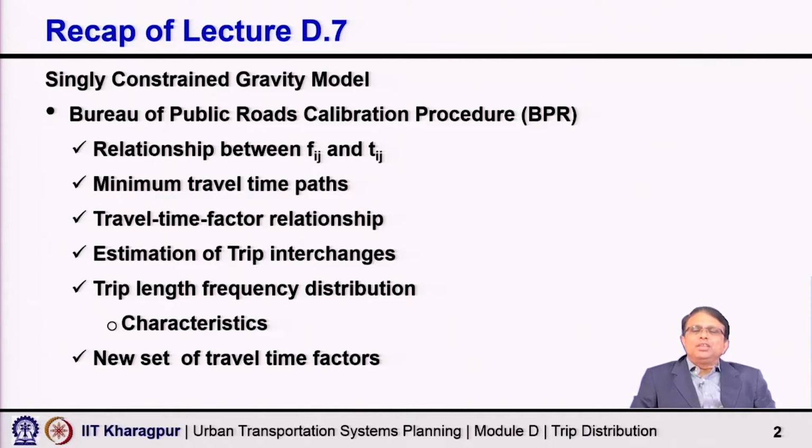And then finally, what did it give us? It gave us the way travel time acts as a deterrence, captured nicely by these Fij values.